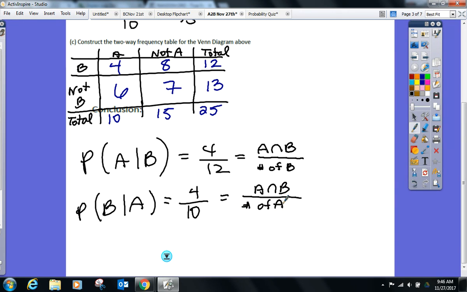I think, are we seeing a pattern maybe how to do these? A given B, how many are in both? Where'd that 4 come from? How many are in both over how many are in the one that is given, B? B given A, how many are in both over what occurred already, A. We'll get there.